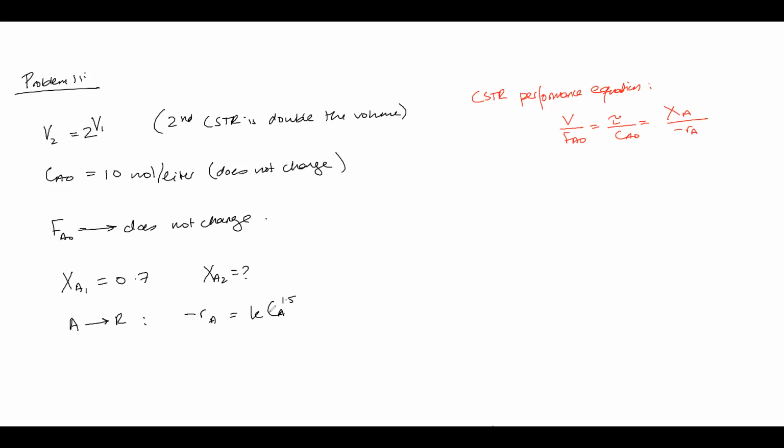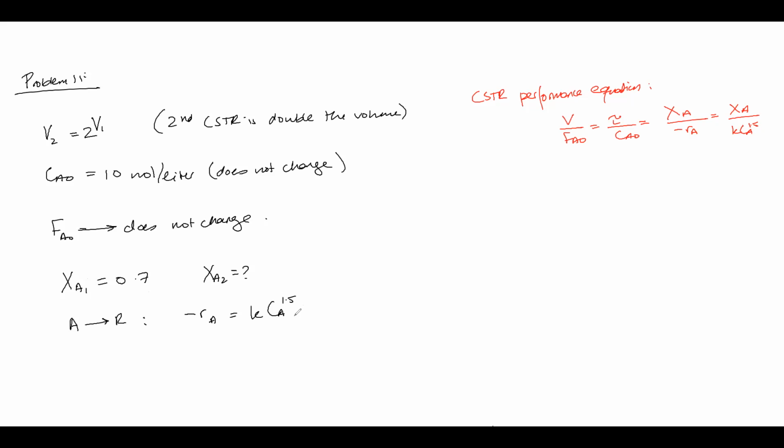In this case, minus RA is K CA to the 1.5. So this is equal to XA over K CA to the 1.5. Okay, so do I have CA? I mean, I can get it from XA1, right?